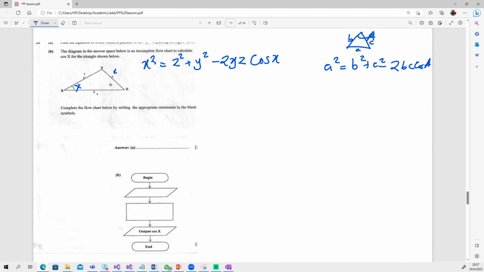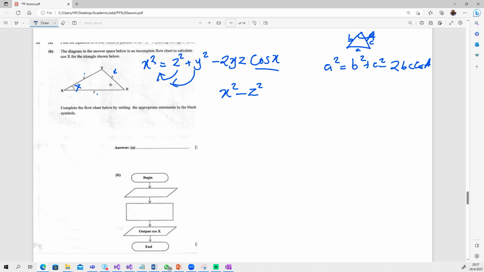But anyway, if you want to find cos x, you can take the other things to the left hand side. So what we are going to do is to bring this side and also bring this side. So this is going to come something like x squared. If this z comes here, it becomes minus z squared.